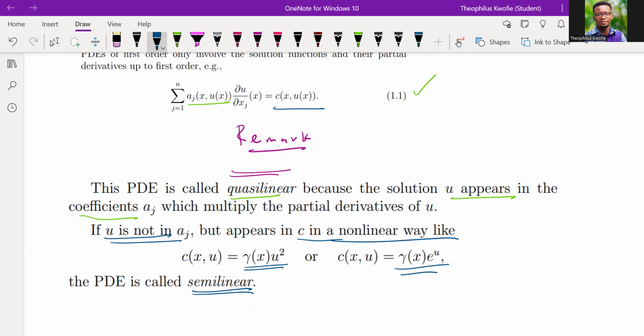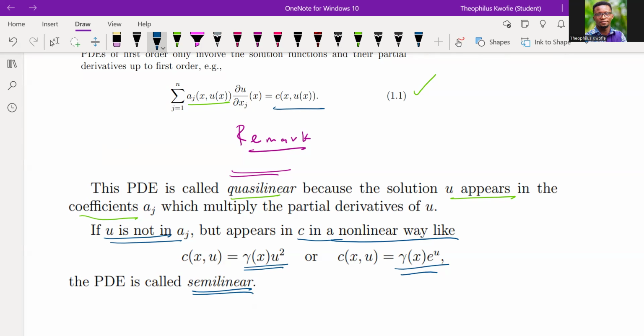Let me take it one more time. A PDE is called quasi-linear if U appears in the coefficient AJ, and it is multiplying the partial derivative of U. Is that okay? Good. We also went further to explore that sometimes it's not always the case that U has to appear in AJ. There are instances where it will appear in the function C in a nonlinear way.